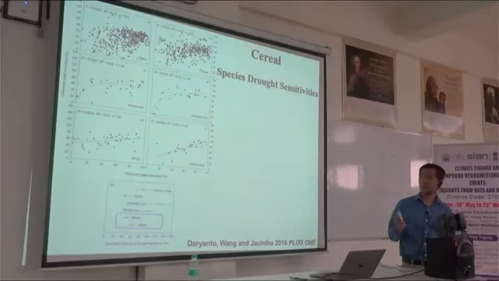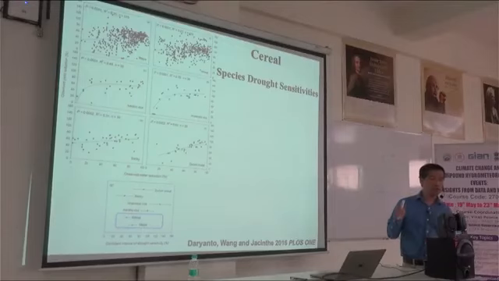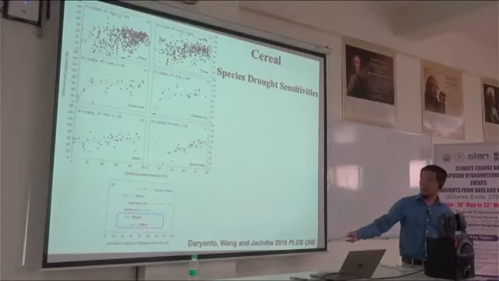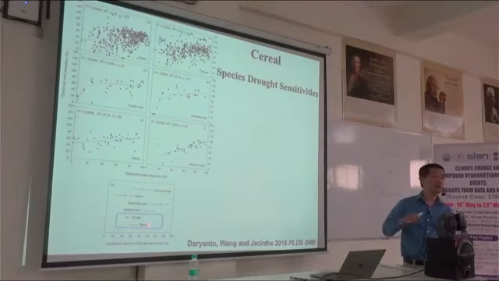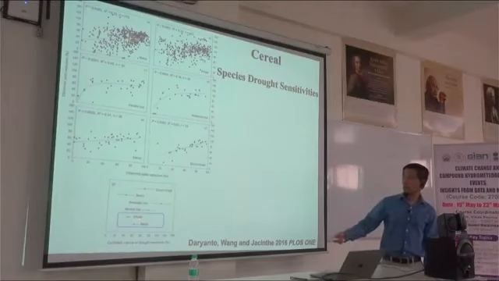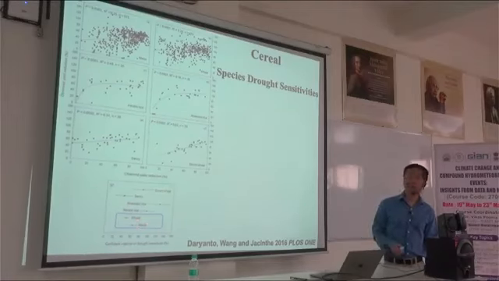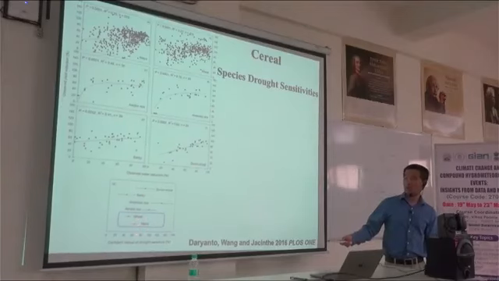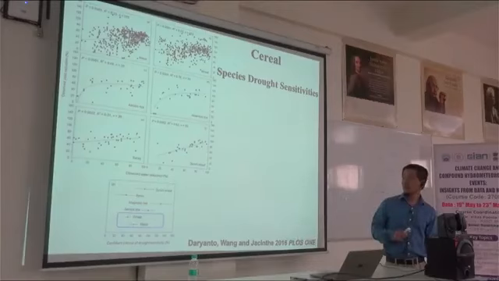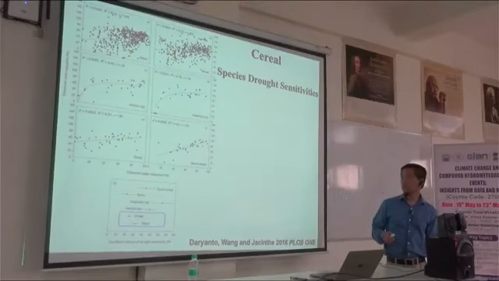Maize is much more sensitive to drought, right? That is in a way also counterintuitive, because we know maize is a C4 plant. They use water very efficiently. Water use efficiency is quite high for maize. But what we saw here is that they are very sensitive to drought conditions, even though they have a very high water use efficiency, right?